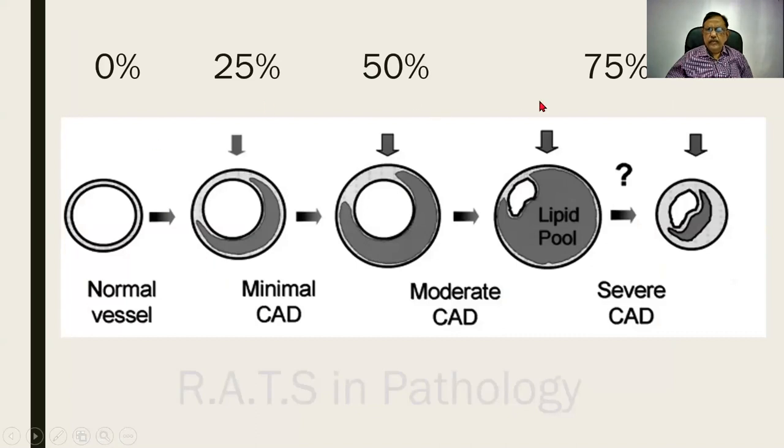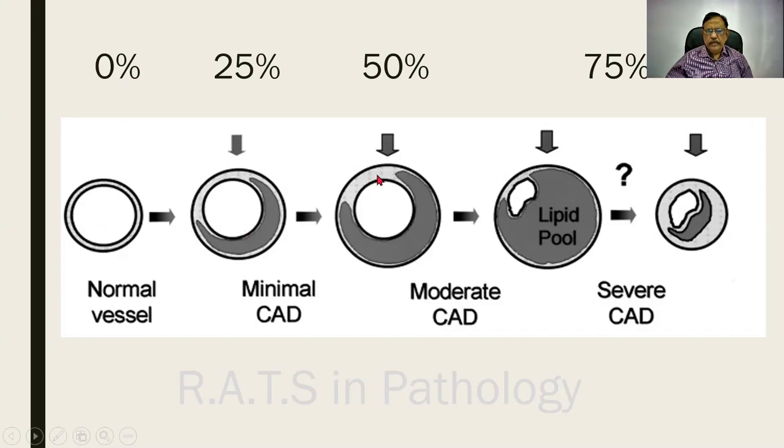This is a method of grading of atherosclerosis by the American College of Cardiothoracic Surgeons, in which they have mentioned, so this is grade 0, or there is no atherosclerosis at all, none of the lumen is affected. Here 25% of the lumen is affected.